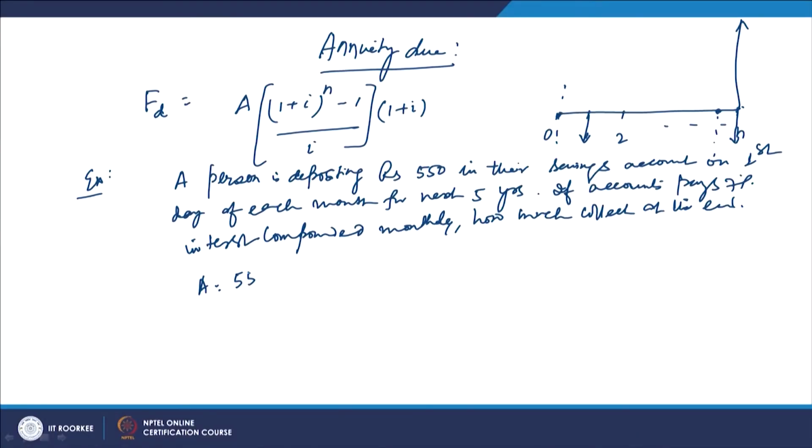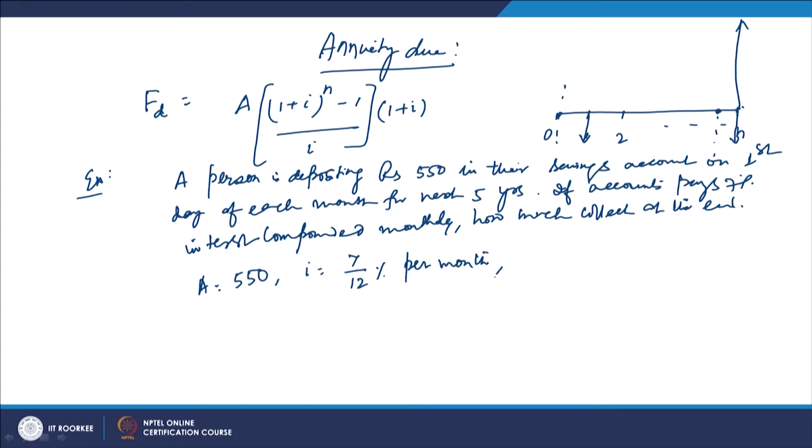So in this case, A is basically 550, and he is paying monthly, so you will have to use the monthly interest. The interest is 7% compounded monthly, so 7 by 12% per month.